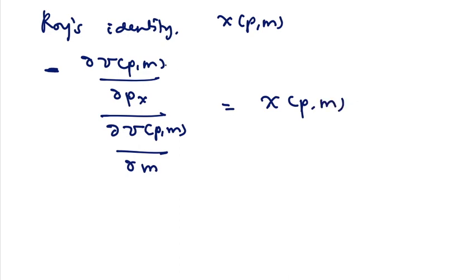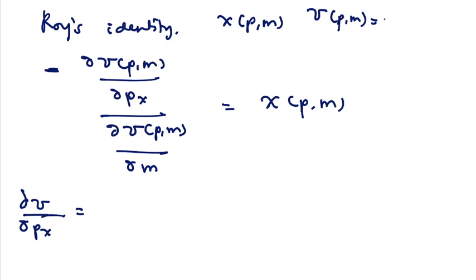Okay. So how do we do this? This is very simple. So delta V over delta Px is actually what? Let me rewrite again the indirect utility function that we already found earlier.